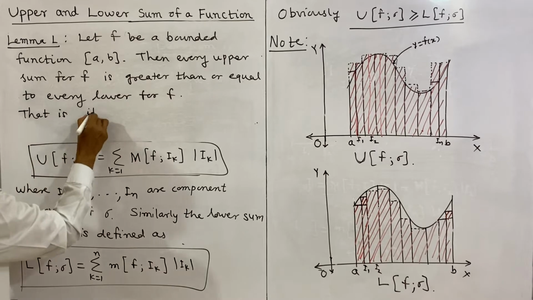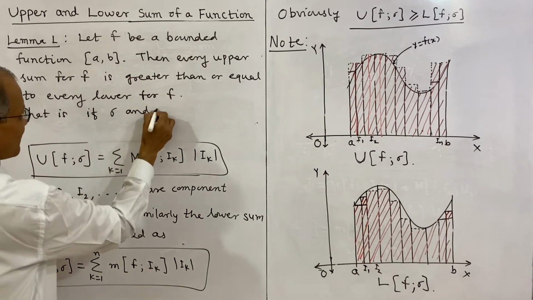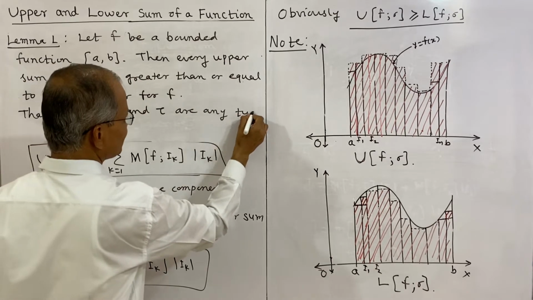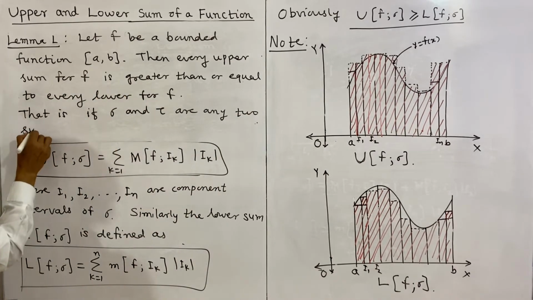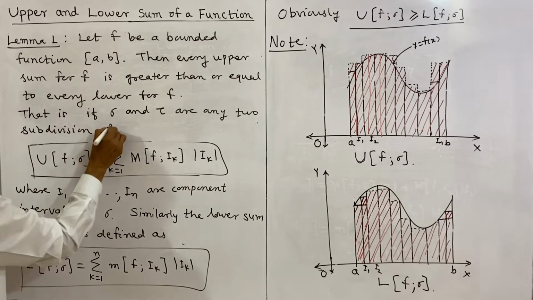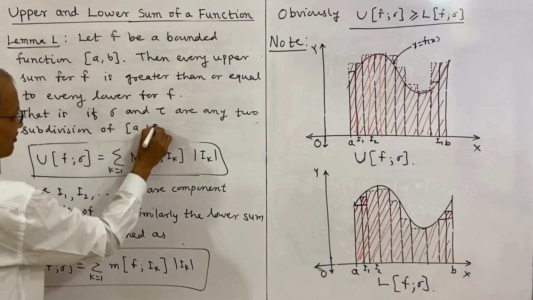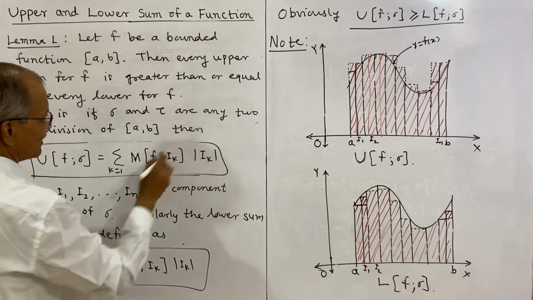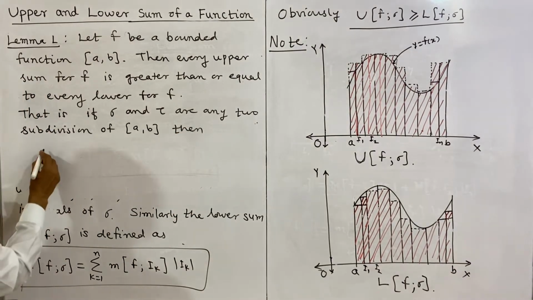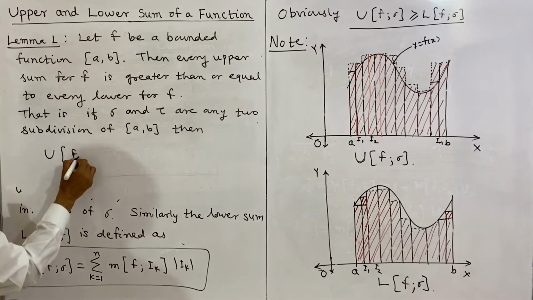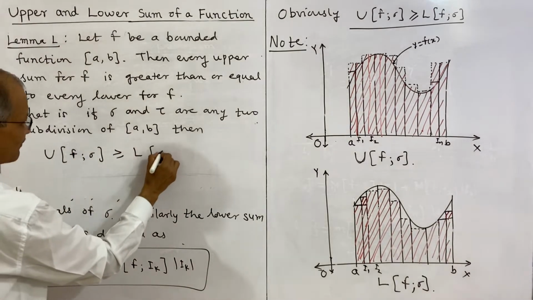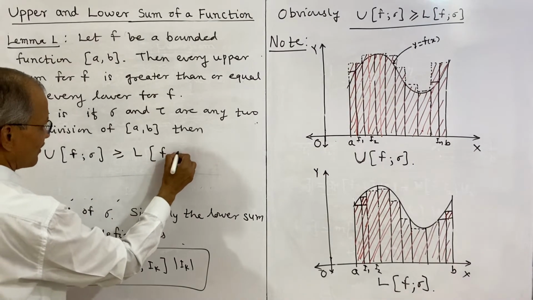That is, if sigma and tau are any two subdivisions of the closed interval [a, b], then the upper sum of f on sigma is greater than or equal to the lower sum for f on tau.